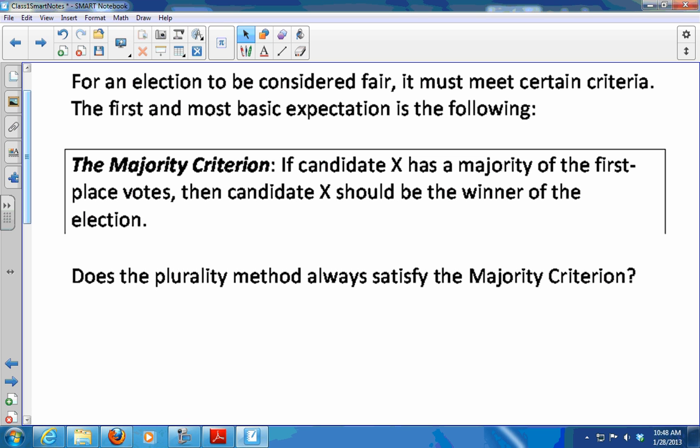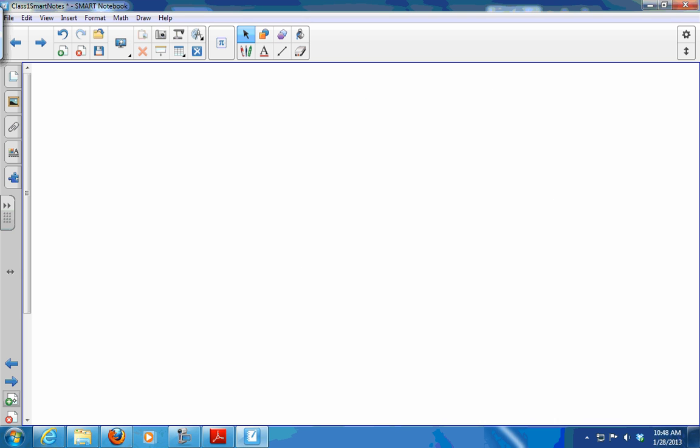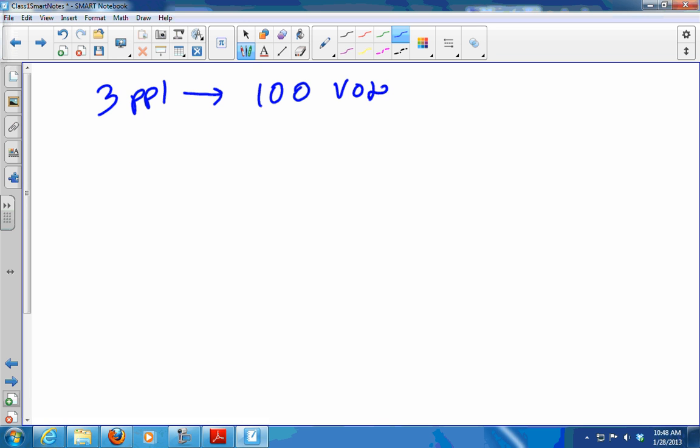So does the plurality method satisfy this? If somebody gets a majority of the votes, are they always going to win? Let's say there's 3 people and 100 voters, and we give candidate A 51 votes, a majority.